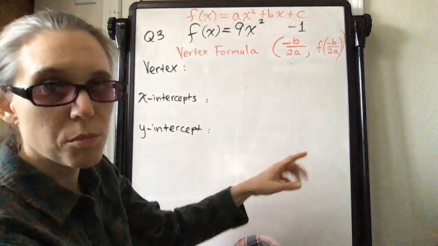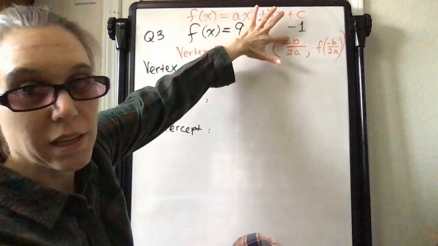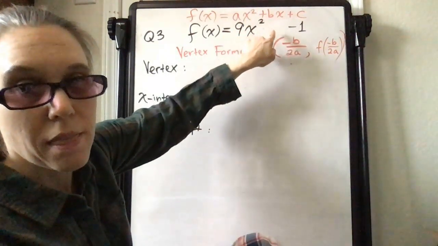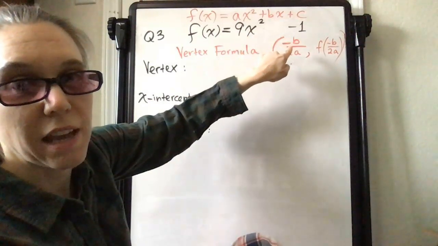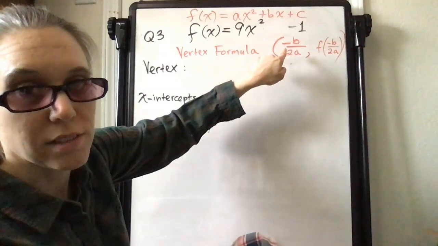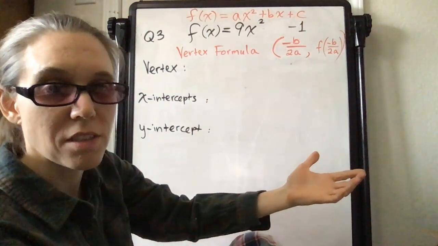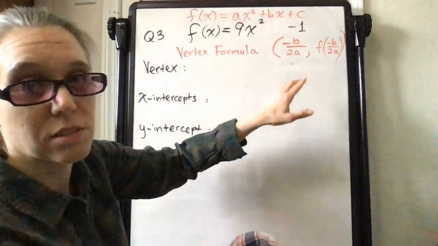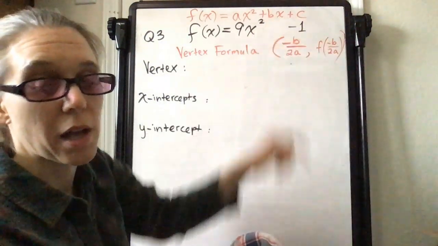So since the numerator here is negative b, anytime your b value is 0, that means you're going to have a vertex at x equals 0. So that's a handy thing to notice. In question number 1, we saw that the vertex was at 0, 2. The reason was because we had a b value that was 0 as well.